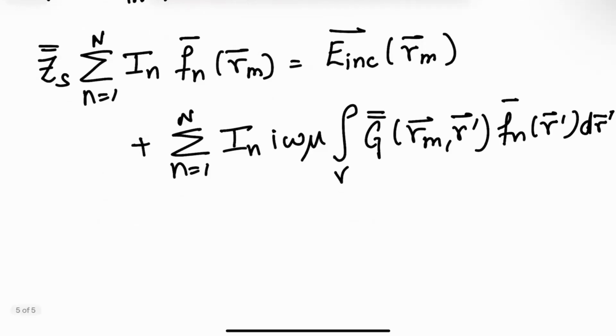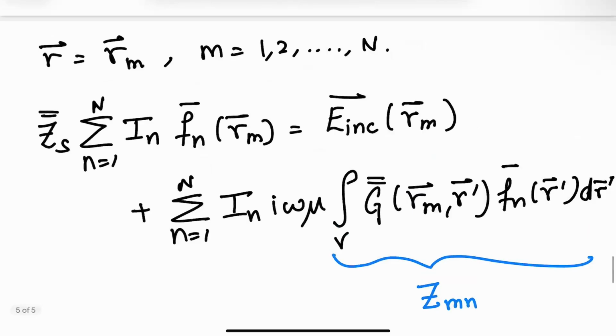I can call this whole thing Zmn. It's a function of m and n. I guess it's not a matrix; Zmn is just a value, or think of it as some kind of value in terms of m and n. Okay, it is a vector because you are evaluating it over the space, a vector of x, y, z.